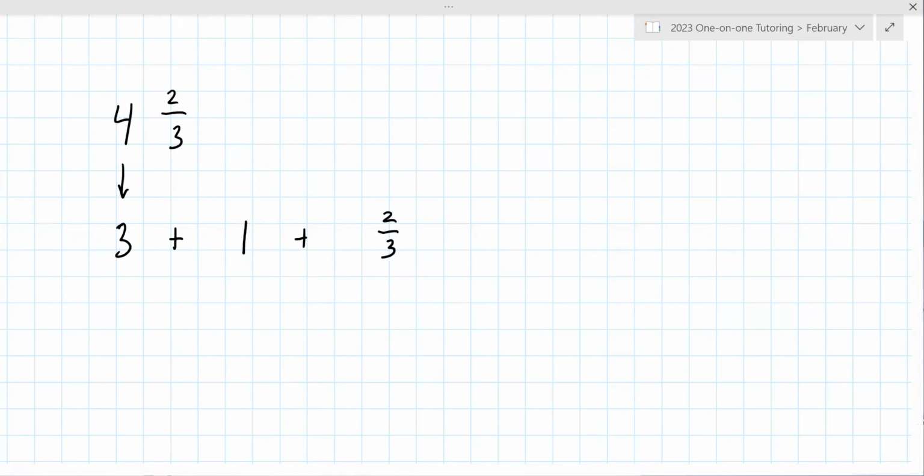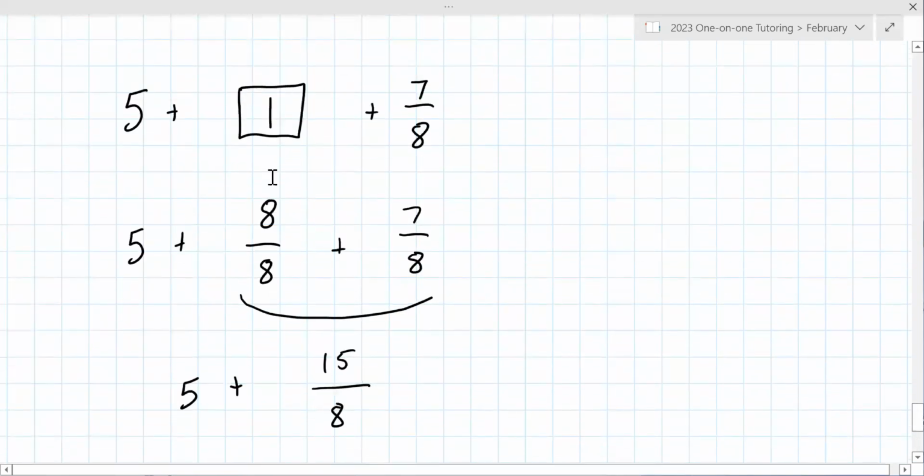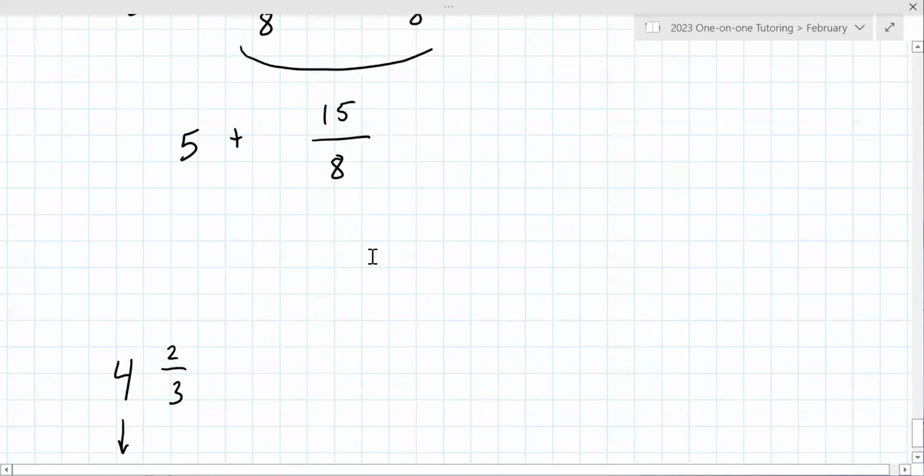No, let's go back and look at the previous problem. What did we turn this 1 into? 8 divided by 8. You have to say the full thing. Why did we use 8? Because it was next to the fraction. Yeah.